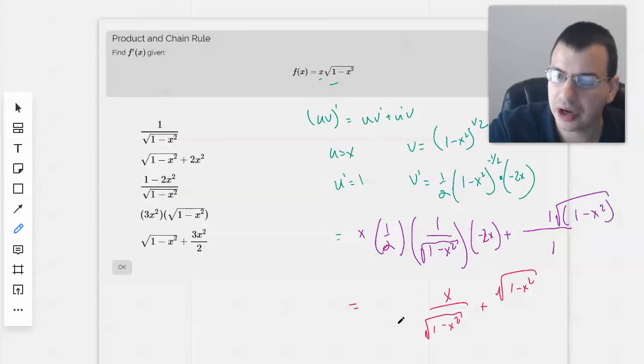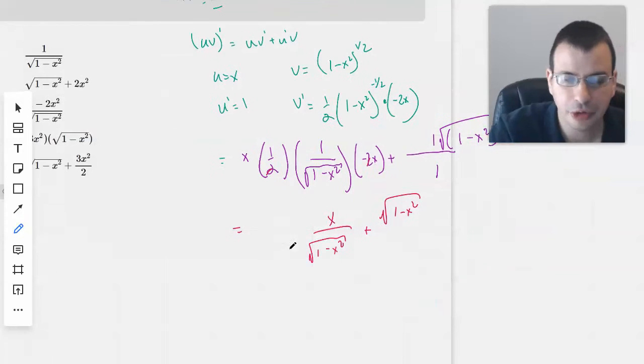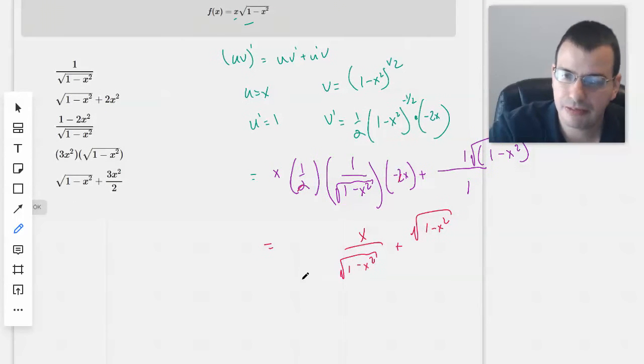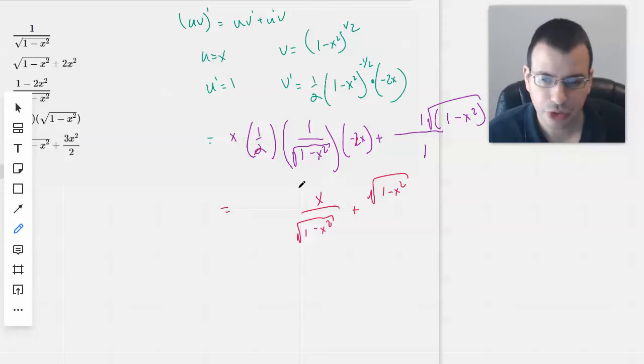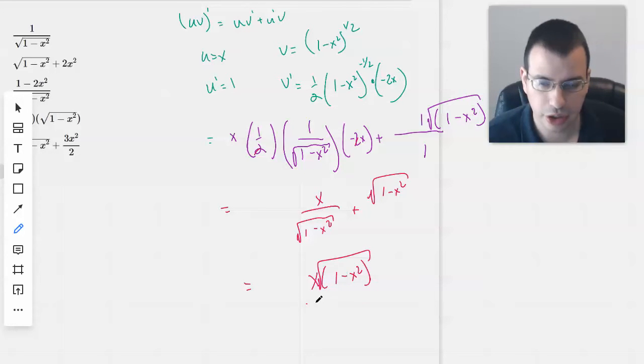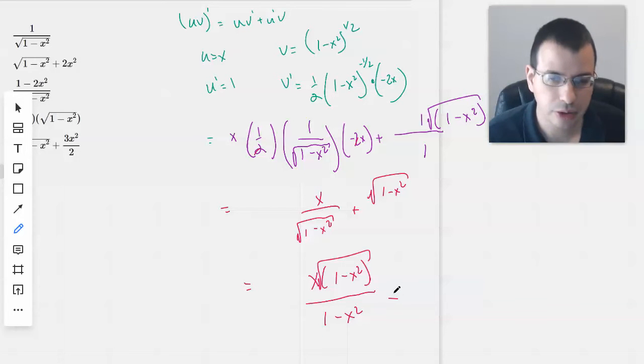So I'm going to multiply the top and bottom by 1 minus x squared. Let's see what happens.